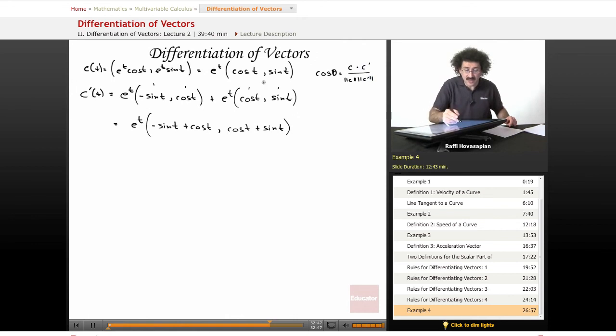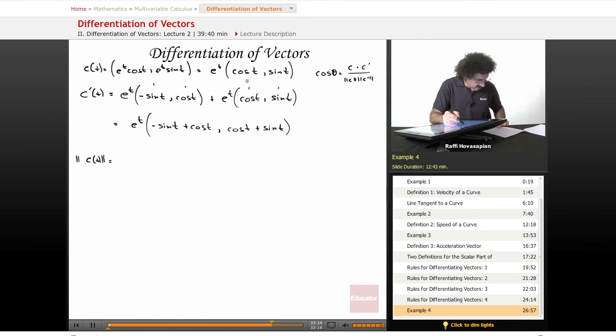So now that we have c prime, now we need to calculate the norms. So the norm of c of t, okay, well, what is the norm? The norm is the vector dotted with itself, and then you take the square root. So c of t. Okay, so that's going to be this thing.